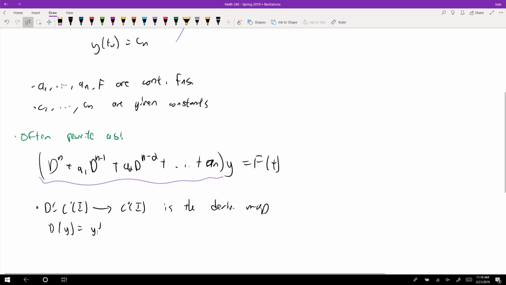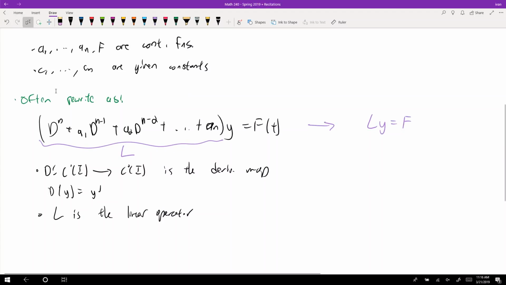Then L is the linear operator. This whole expression in purple, all these D's in the brackets, is called L, and so this equation we sometimes write as Ly equals f. N is the order of the ODE.